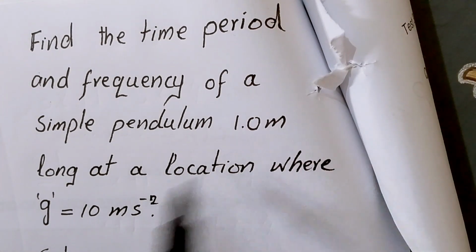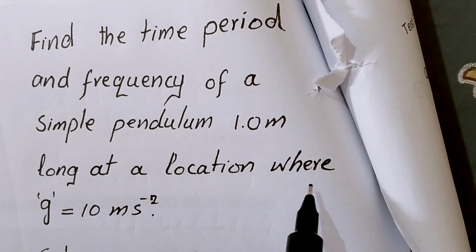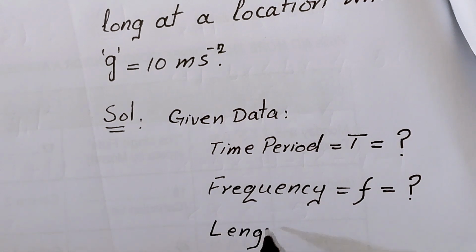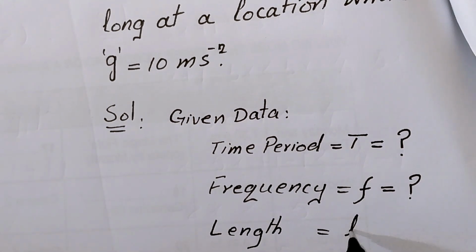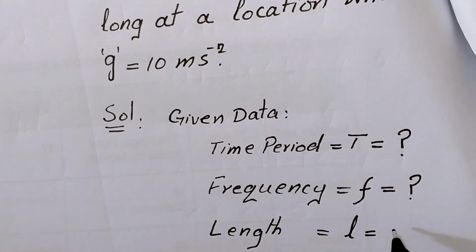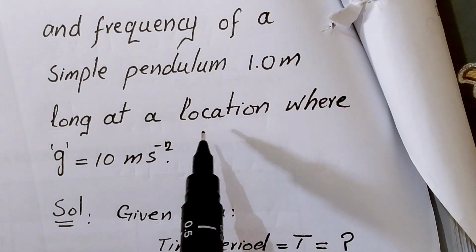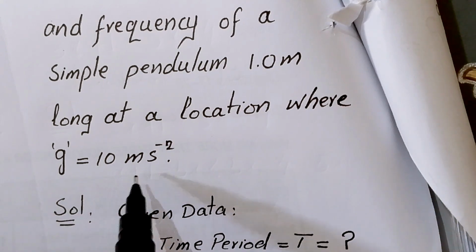Next, 1 meter long at a location, so length is given. Length is denoted by small l, that is given 1 meter, okay, at a location where g is equal to 10 meter per second square.